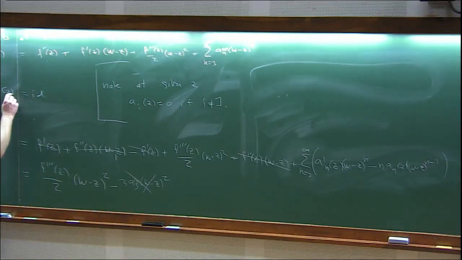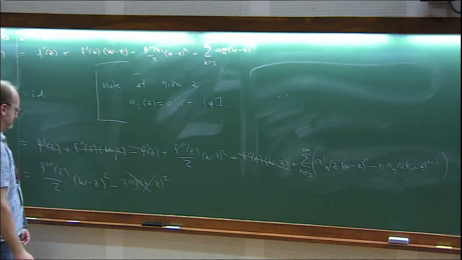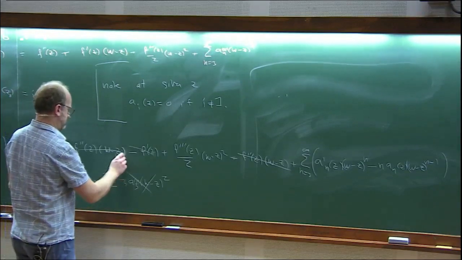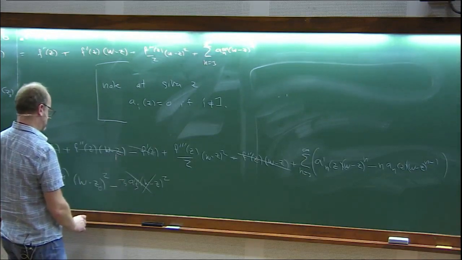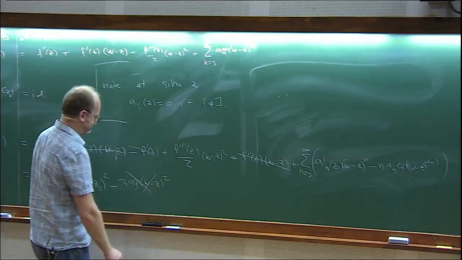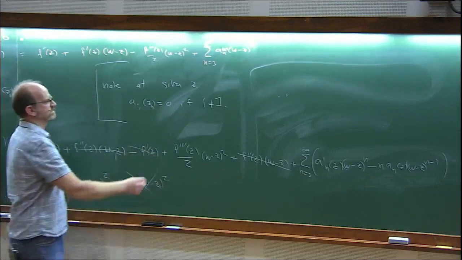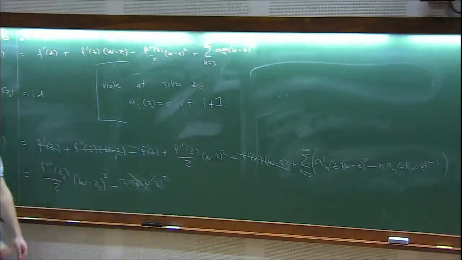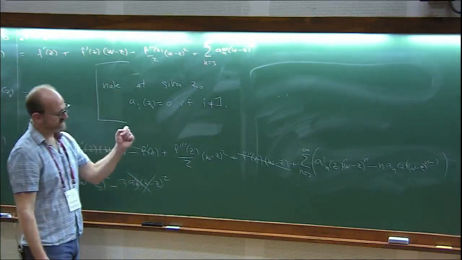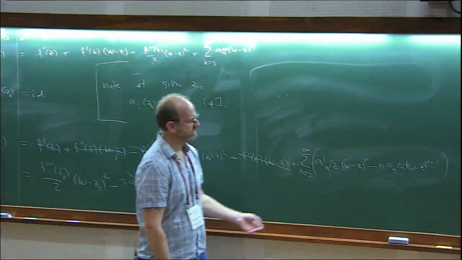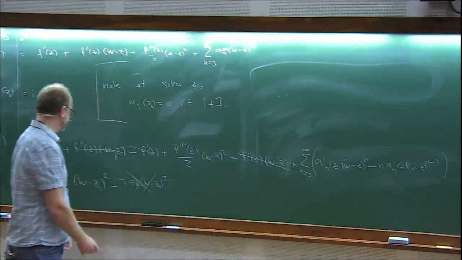Here, let me put a z naught in here. Maybe this will make it slightly less confusing. Okay, so we take this derivative, all these terms cancel out, and then we plug in our given z naught. So we're differentiating with respect to z, so z is varying, and then we plug in our given z naught, and then everything cancels out except for this term.